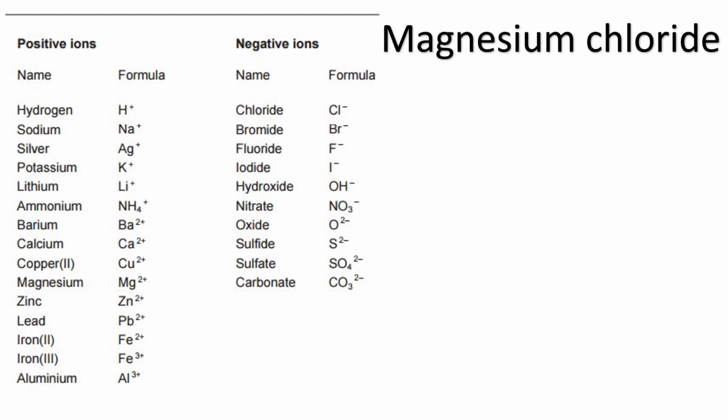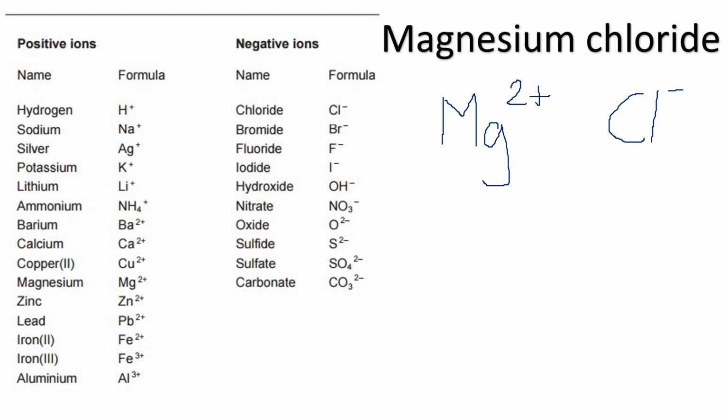In the next example, I've gone for magnesium chloride. So magnesium is Mg2+, and chloride is Cl-. Now hopefully you can see that these are not balanced in terms of the charges. You've got a 1- charge on the chloride and a 2+ charge on the magnesium.